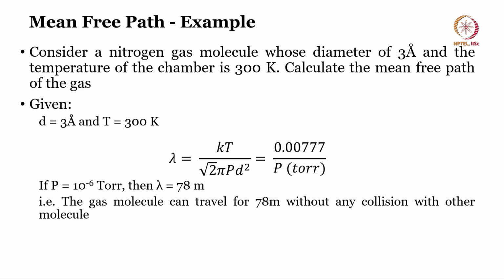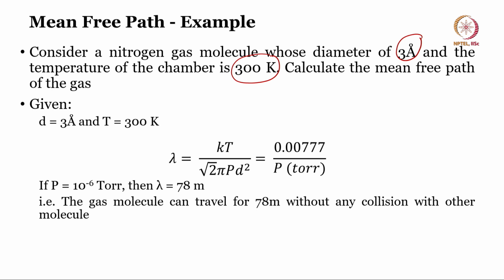Let us take an example of mean free path calculation. Suppose a nitrogen gas molecule whose diameter is 3 angstrom, so d is known, and the temperature of the chamber is 300 Kelvin, so T is known. Calculate the mean free path of the gas. We know k is the Boltzmann constant, so it is easier to put in the value. We have d, we have T, but we do not have the pressure value.